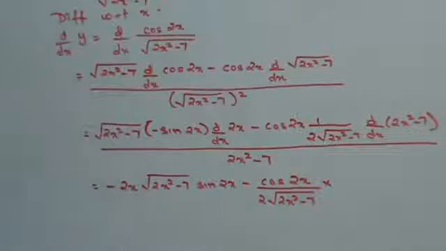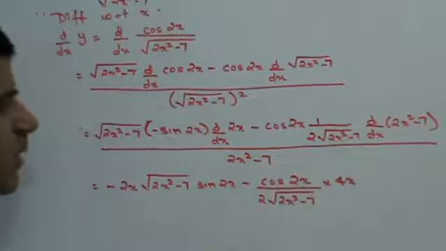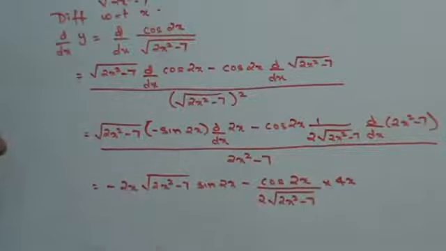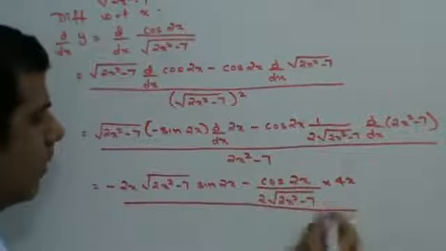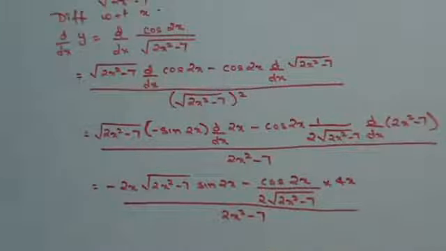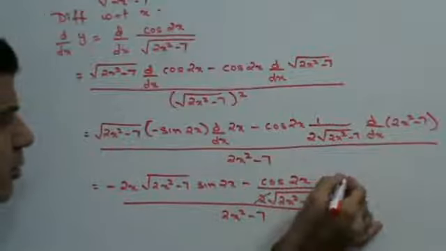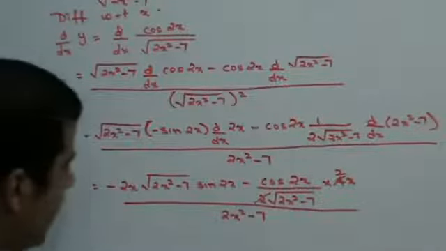D by dx of 2x square, 2 as it is, x square is 2x, so this will be 4x. D by dx of constant is 0, that means d by dx of 7 will be 0, upon 2x square minus 7. You could take this 2 and this 4 gets cancelled to give you a 2 here. Now I will take LCM here.